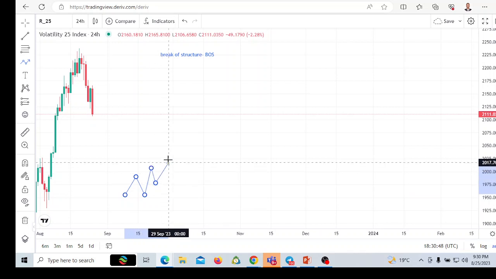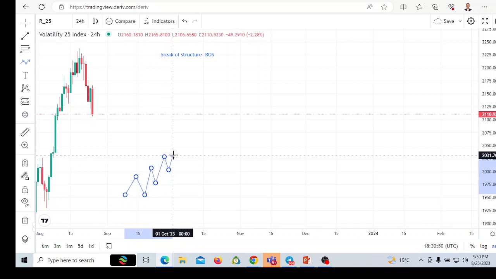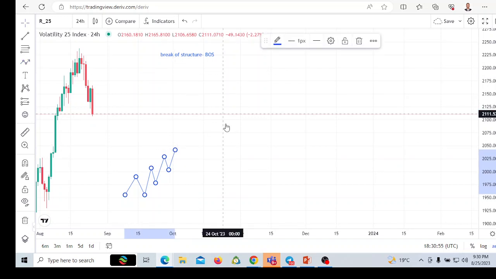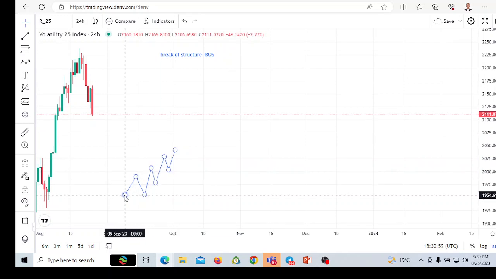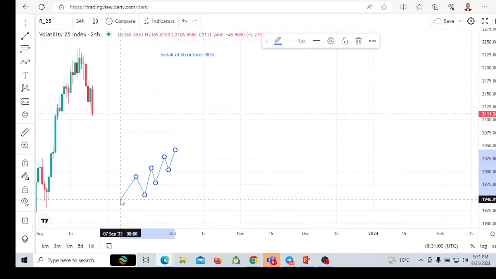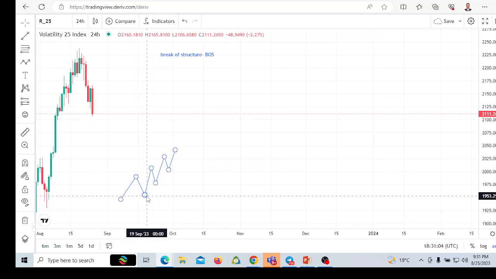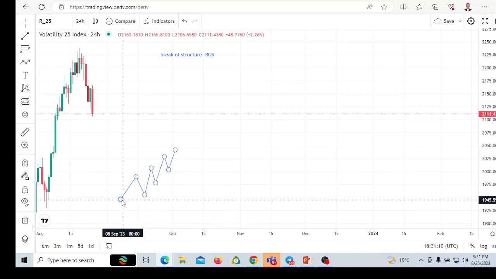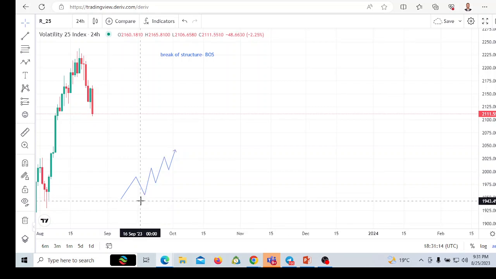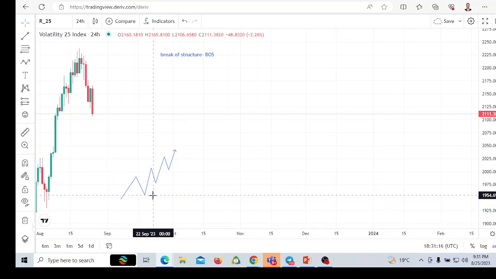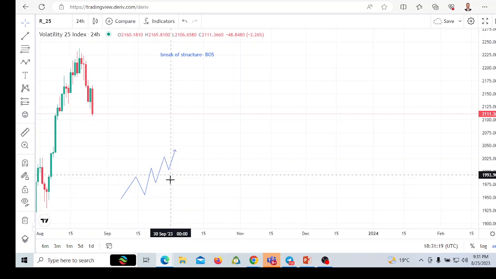Remember? If we check what has been happening, price has not closed below the previous low. Price began here. This low was higher than this low. Then this low was higher than this low. Then this low was higher than this low.